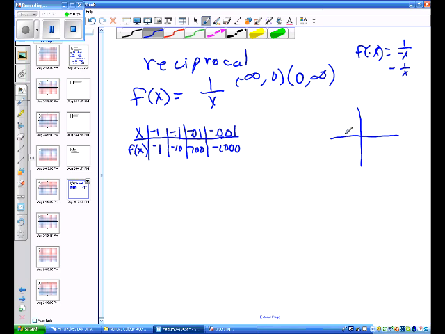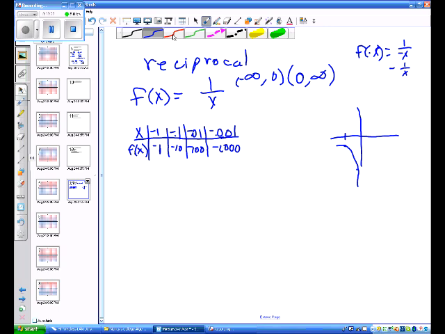So at negative 1, I'm at negative 1. At negative 1/10, which gets closer, I'm at negative 10. I'm at negative 100 and negative 1,000. So you can see what's happening is my graph is getting closer and closer to where x is 0, but it can't ever be 0 because that's not in our domain.